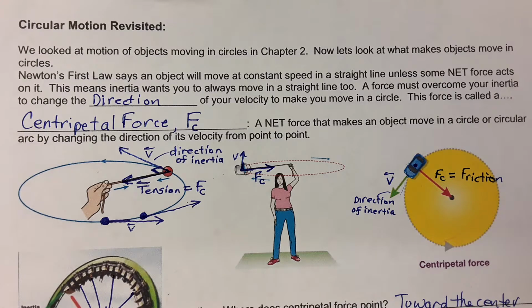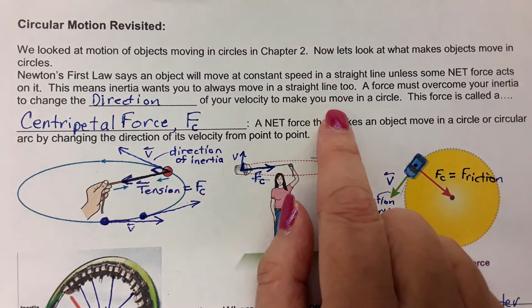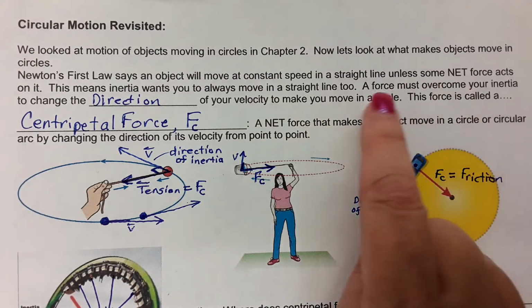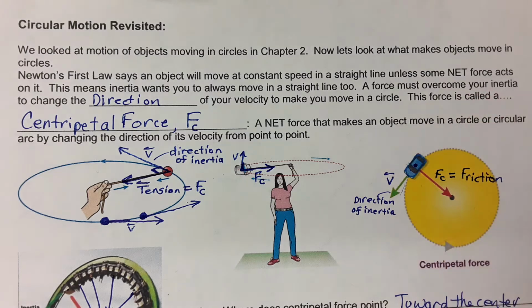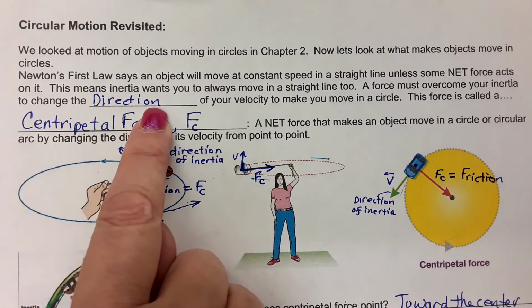But because the direction is still a part of the velocity, it's considered a change in the velocity and therefore an acceleration. Okay? So, in this case, in order to travel in a circle, a net force must overcome your inertia and change the direction of your velocity.